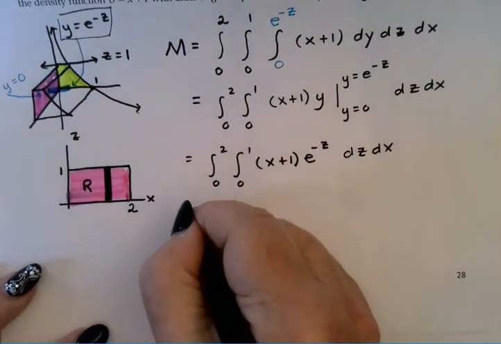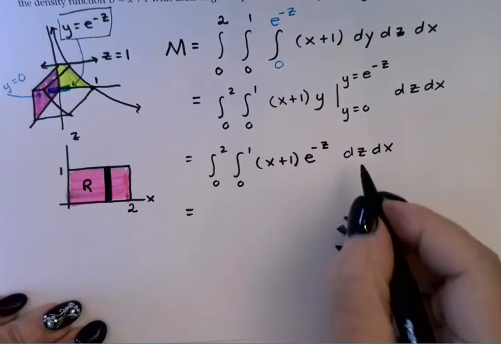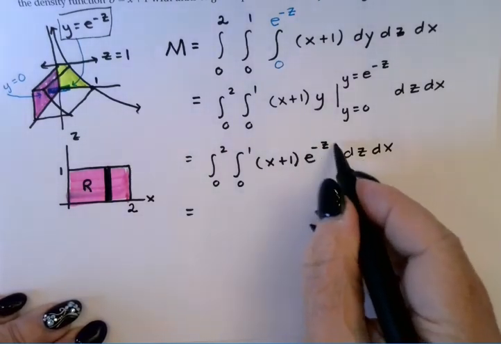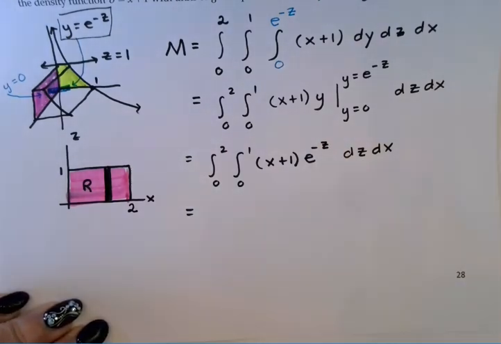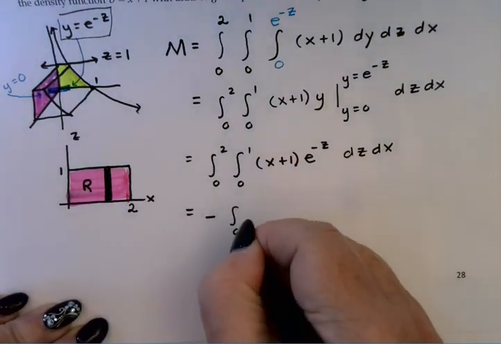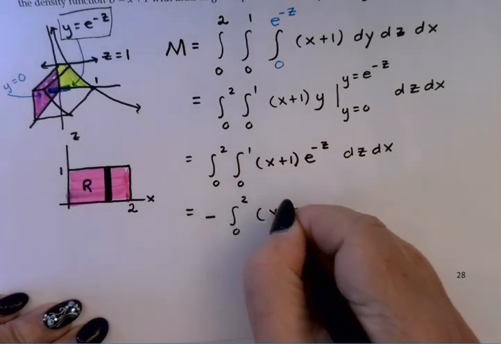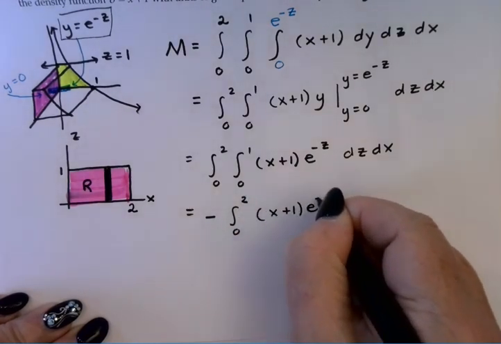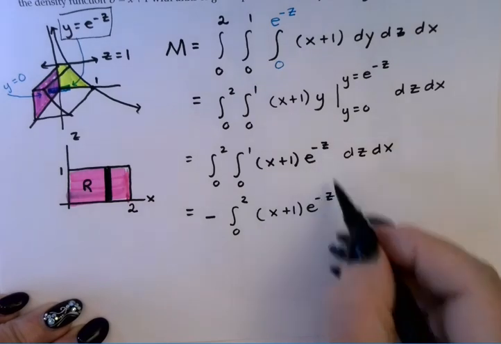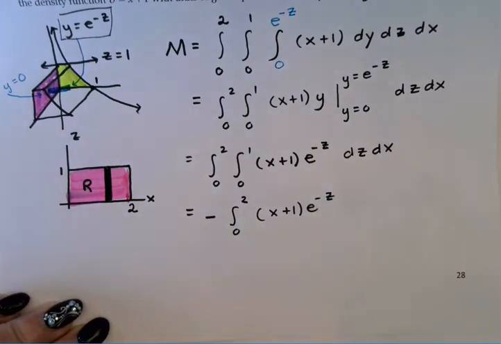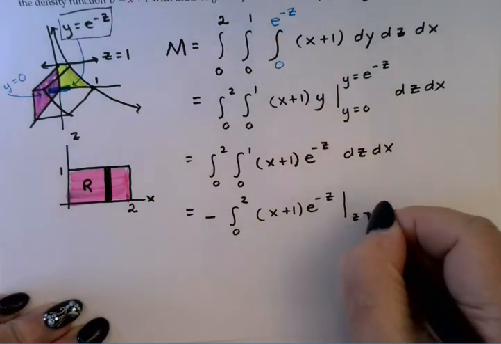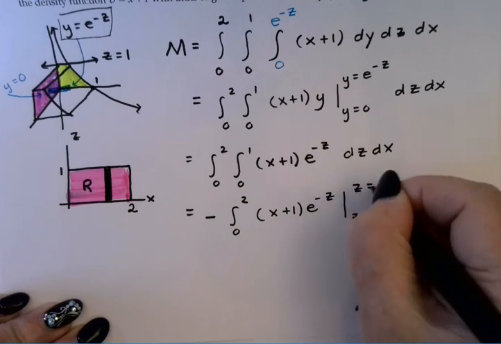I'm going to integrate the dz next. Technically, there's like a little u substitution here. U would be minus z, but the derivative of that is just negative 1. So all that's going to do is pull out a minus sign. And then I'll get x plus 1 e to the minus z again. Integral of e to the u is e to the u. From z equals 0 to z equals 1.